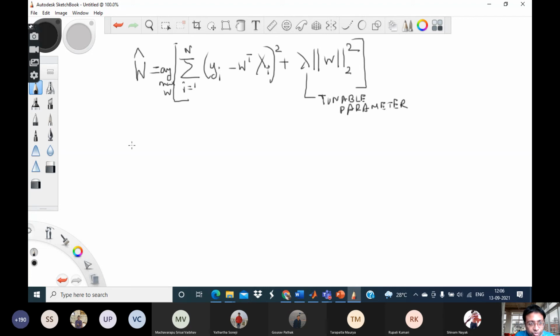So the expression for W hat, as we saw in this case, comes out to be something like this: the sum of xi xi transpose plus lambda I, take the Moore-Penrose inverse, or pseudo inverse, of the whole thing, times the sum of xi yi.